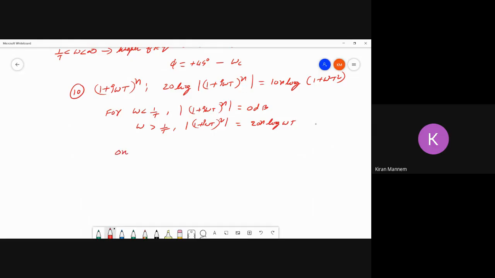So one is a 0 dB line for 0 less than omega less than 1 by t, and the second one, at higher frequency, will be plus 20n dB per decade.